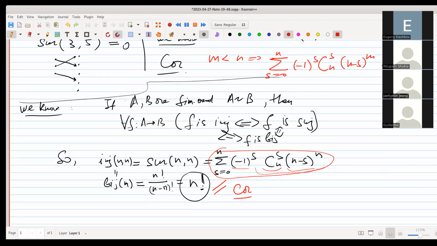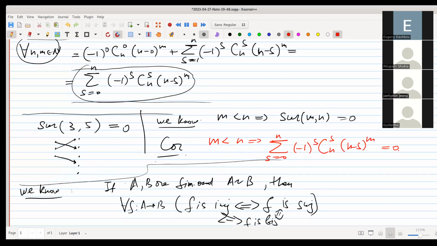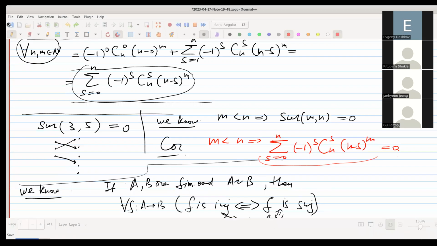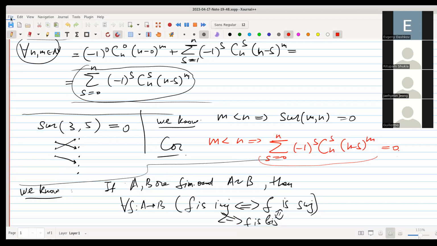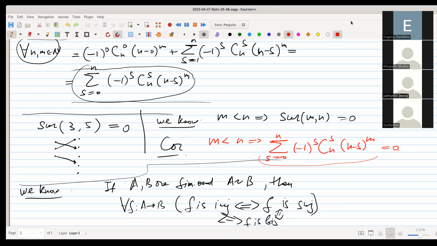One about factorials and another one about this sum, that this sum equals 0 given m is less than n. Any questions? Nope. I think that it is enough for combinatorics, and next time we will most likely take some other topic.